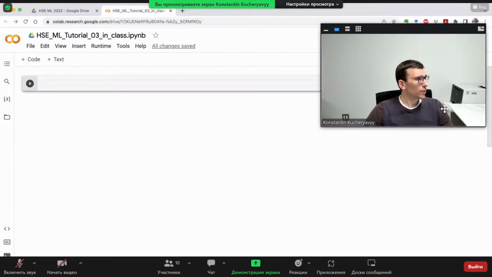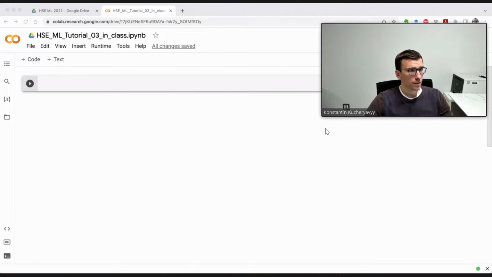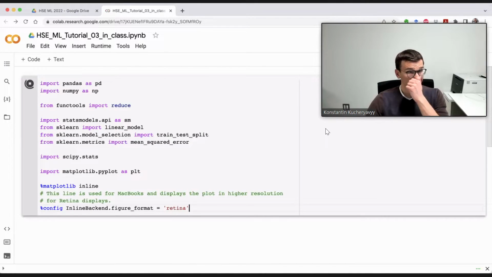We will still be using data on European GDP forecasting. So let me start by importing libraries and making the settings that I need.